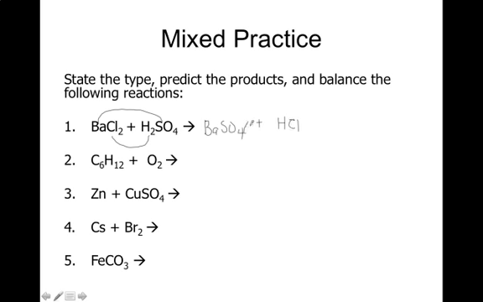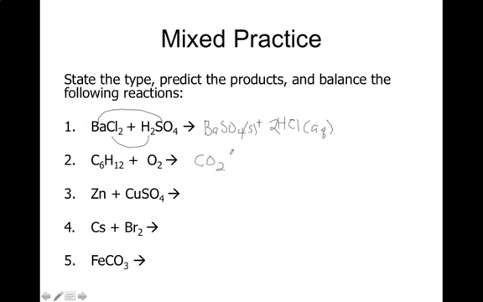This will be a solid. This is aqueous. Now we've got to put a 2 here to balance this, and now that should be balanced.